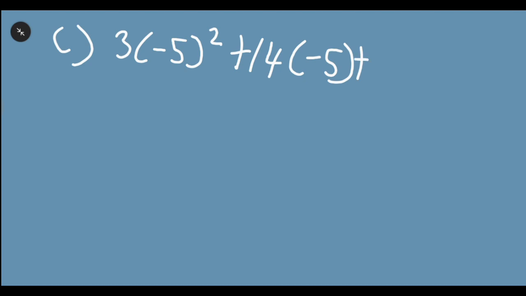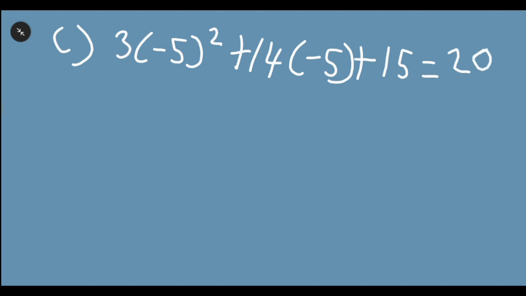Part C. So we've got to sub in -5 into dy over dx. So that'd be 3 times (-5) squared plus 14 times -5 plus 15. Now (-5) squared is 25, times 3, which is 75. 75 minus 70, which is from the 14 times -5, is going to equal 5. 5 plus 15 is equal to 20.